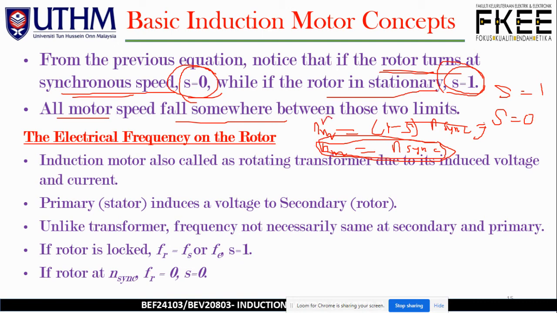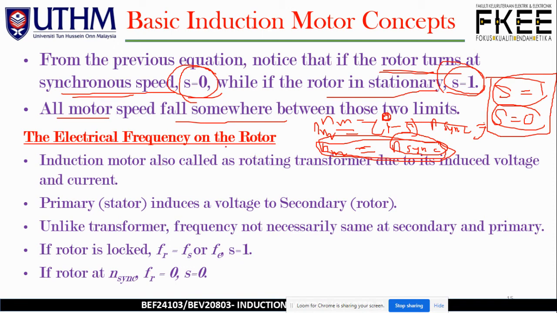That means there is no speed, because n_m equals 1 minus 1, which is 0. That means the motor is at standstill. It doesn't rotate at all. Meanwhile, if S equals 0, n_m reaches its maximum speed, which is synchronous speed n_sync. This is the reason why the motor speed must fall between S equal to 0 and S equal to 1.